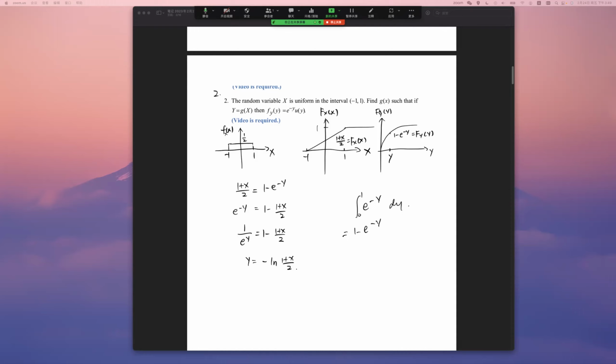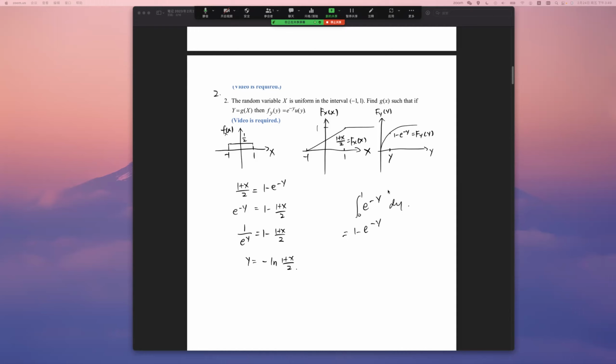So in order to get the big F_Y function, we need to integrate the smaller f_Y function from 0 to 1, because the value of y can only be greater than or equal to 0 and smaller than or equal to 1.